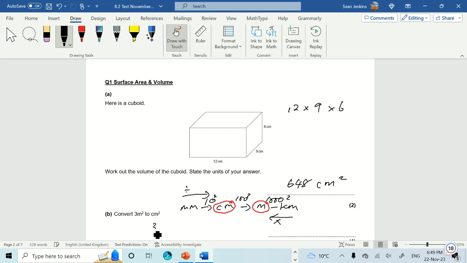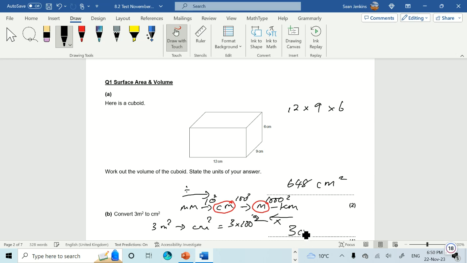So 3 square meters to centimeters squared is equal to 3 times 100 squared, which is 4 zeros.